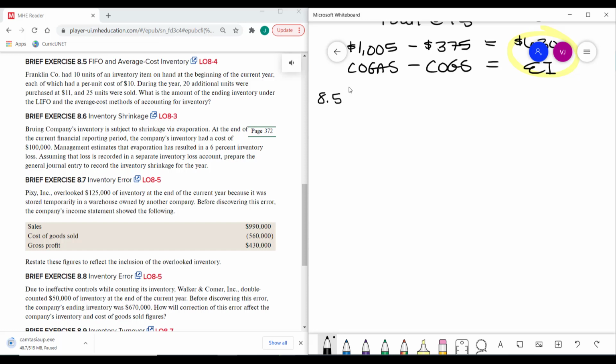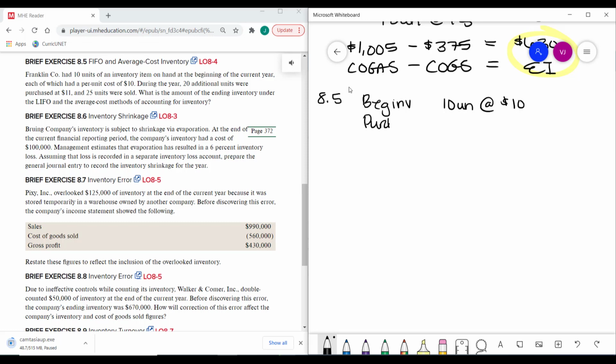All right, with 8.5, FIFO and average cost. So it says Franklin Company had 10 units of an inventory item on hand at the beginning of the year, each of which had a per unit cost of $10. So we have beginning inventory, 10 units at $10. During the year, 20 additional units were purchased at $11.